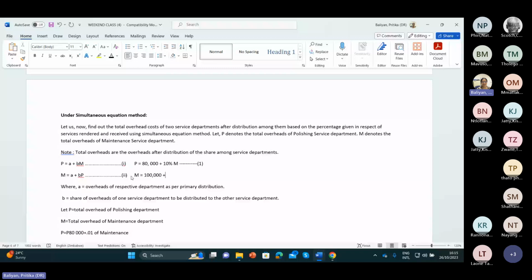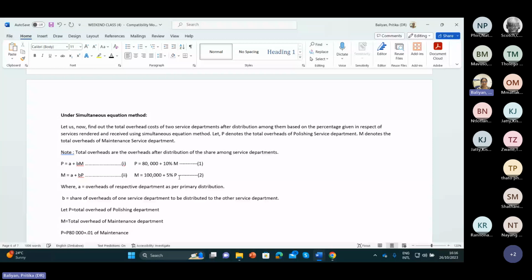The total of the polishing department can be indicated by P. It could be X, Y, Z or any, right? So that's how you form equation 2. Do you understand?